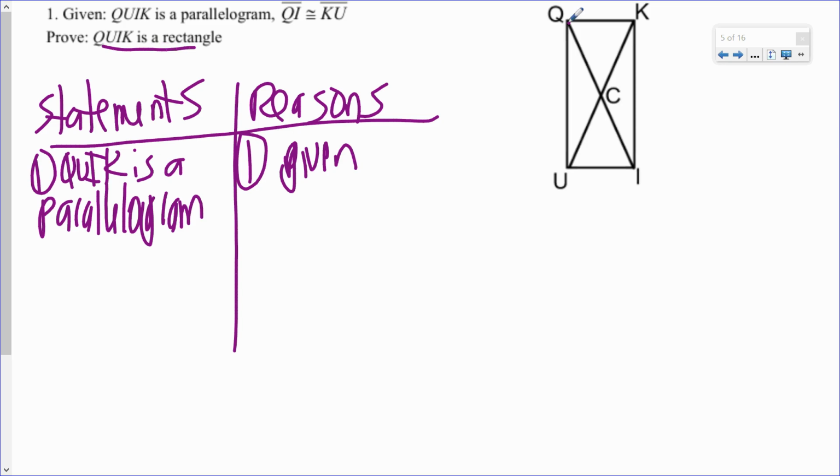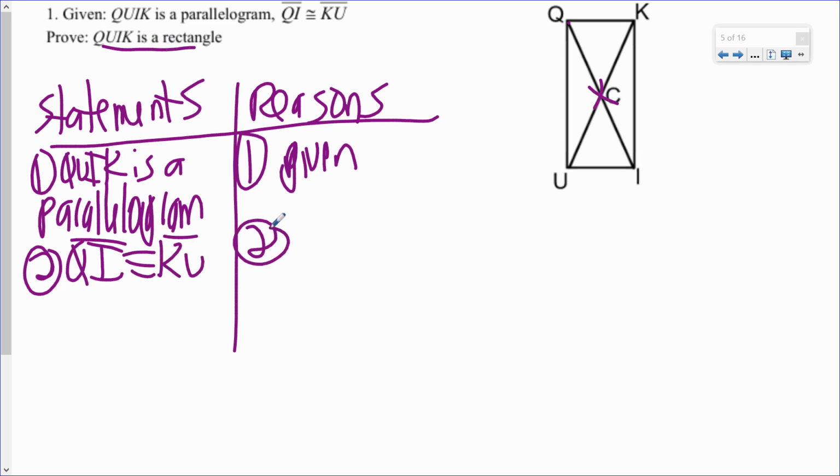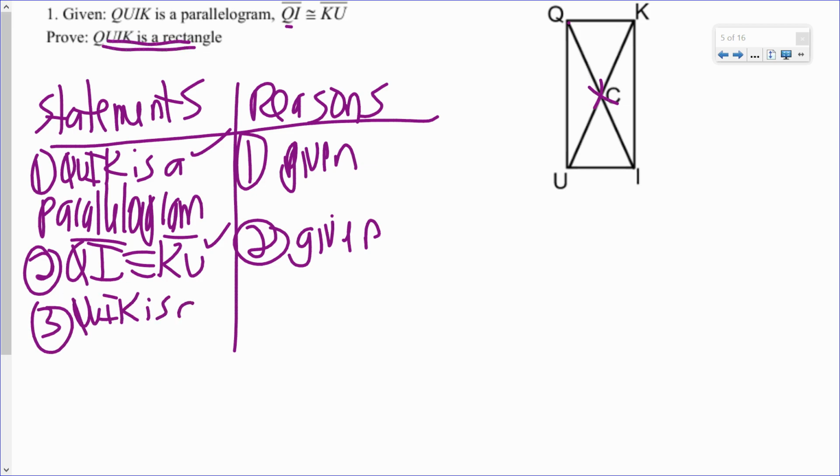It's telling me that QI is congruent to KU. Given. So to prove a rectangle, I need a parallelogram. Check. I need congruent diagonals. Check. So now I can state that QUICK is a rectangle.